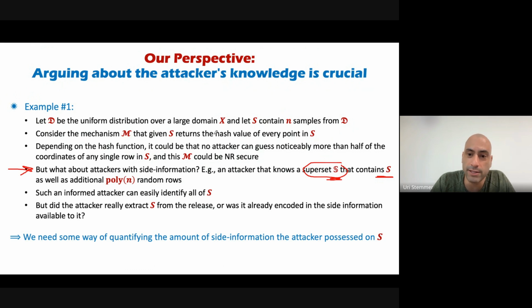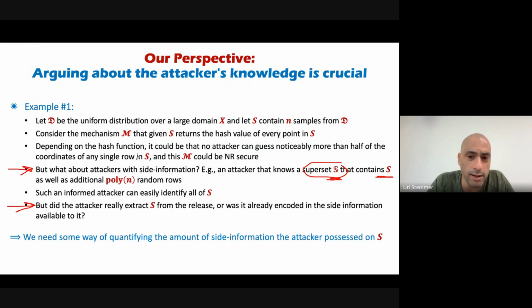Okay, but that does not really feel like reconstruction, right? Because intuitively, at least, the attacker in this example reconstructed the dataset S mainly from its side information and not so much from the release Y.